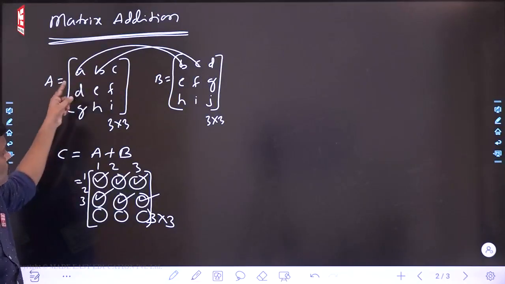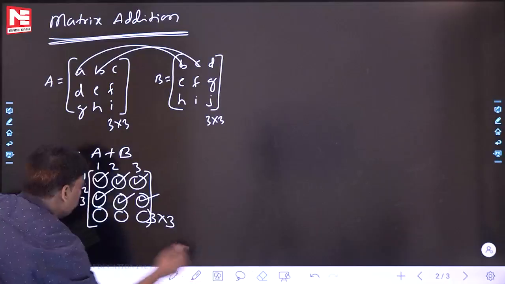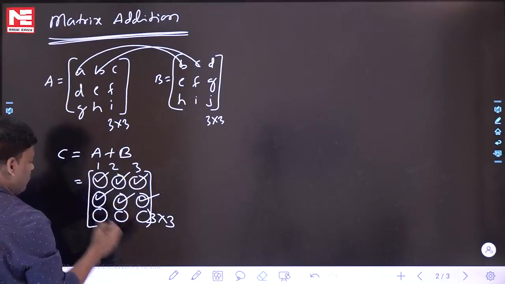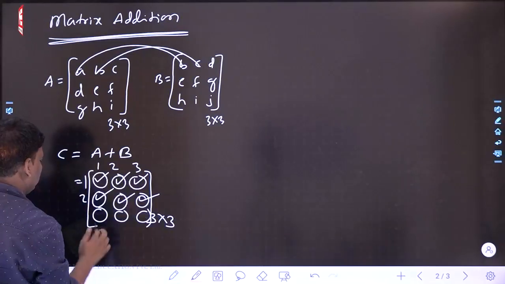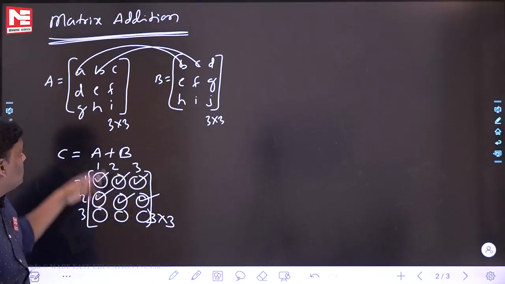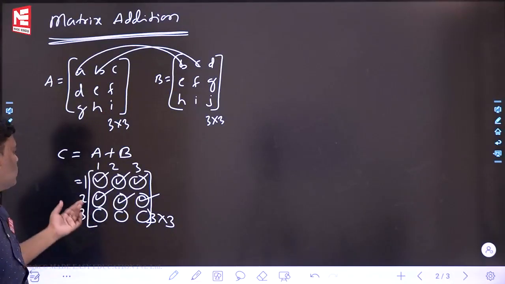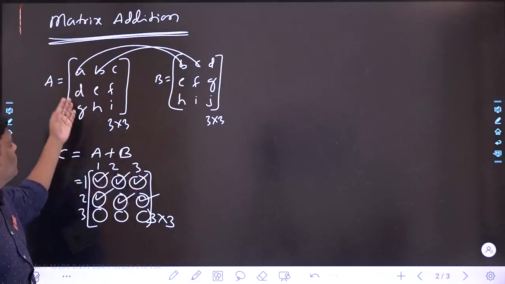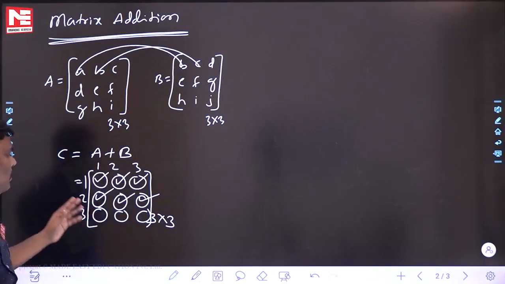Third row, let us assume that. 1, 2, 3. Third row, second column if you want, same thing here. Third row, second column, both the things you add. Next one, second row, third column if you want, same. Second row, third column, you add, you will get.